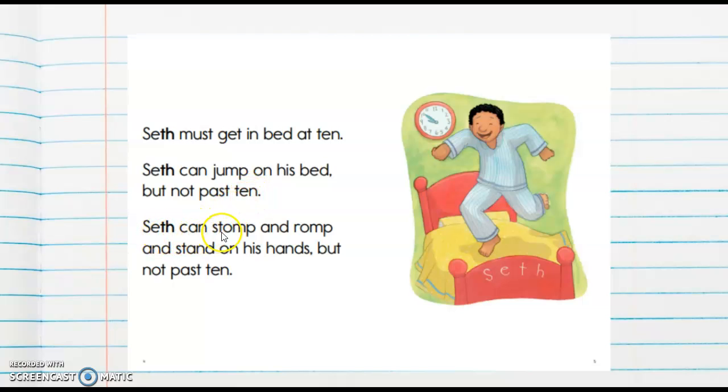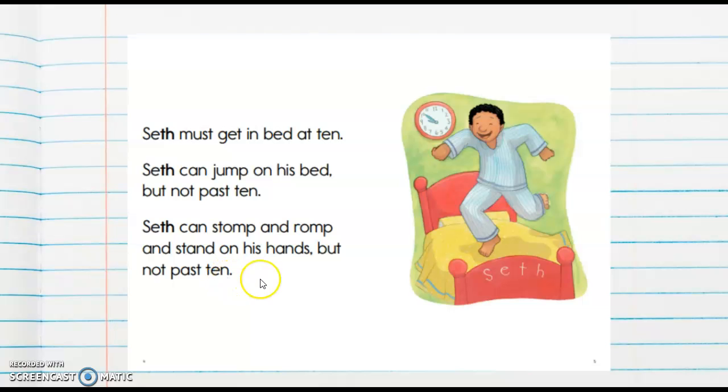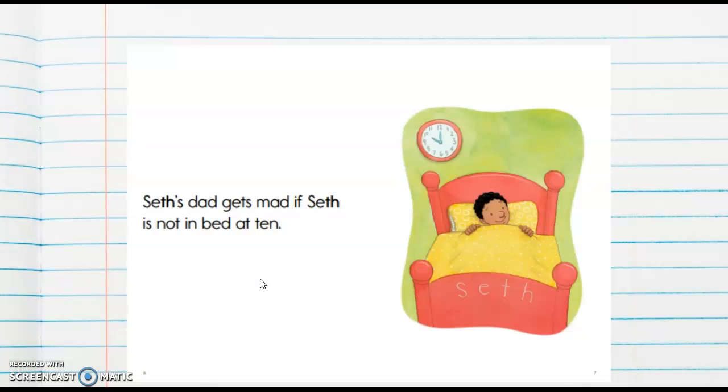Seth can stomp and romp and stand on his hands, but not past 10. Seth's dad gets mad if Seth is not in bed at 10.